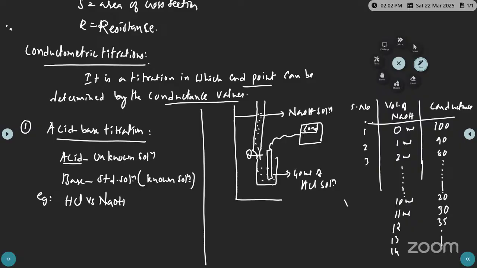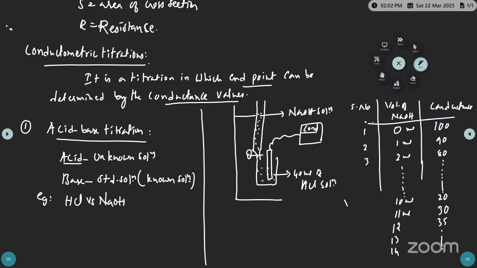See, up to a certain volume the conductance will be decreases. After that the conductance starts increases. So observe the conductance values, and by that we can determine the end point.